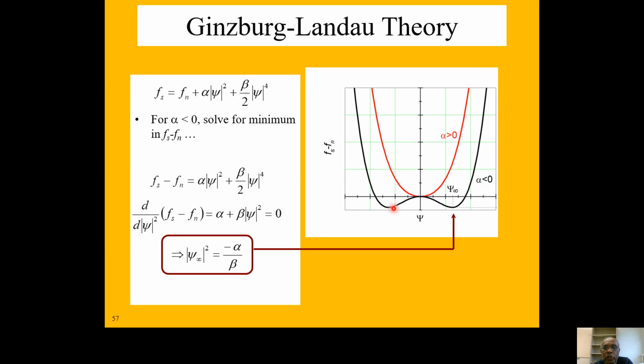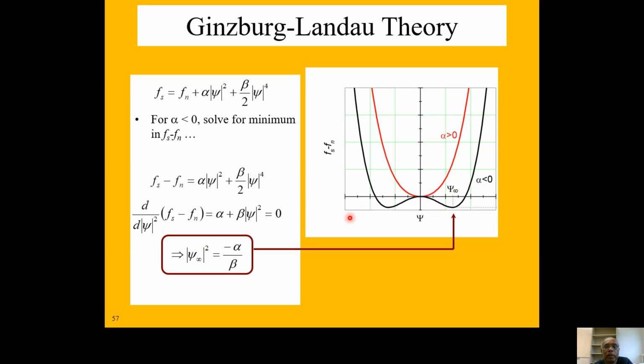So to find the position of this minimum, you can take the derivative of this Fn and make it 0. If you do that, differentiating with respect to psi squared, you get alpha plus 2 beta psi squared.